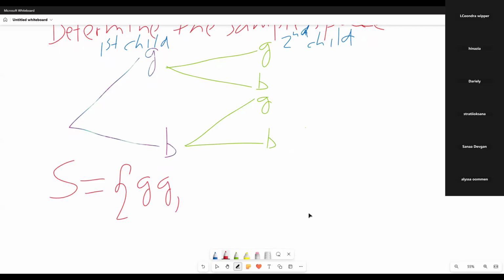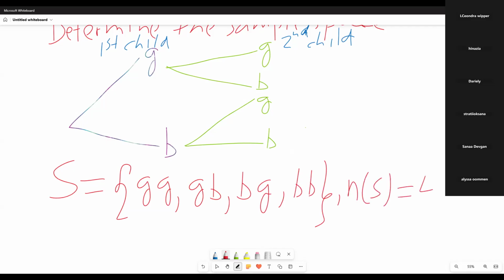Or the first one is a girl, the second one is a boy. Or the first one is a boy, the second one is a girl, or both are boys. So here, there are 4 outcomes in the sample space.